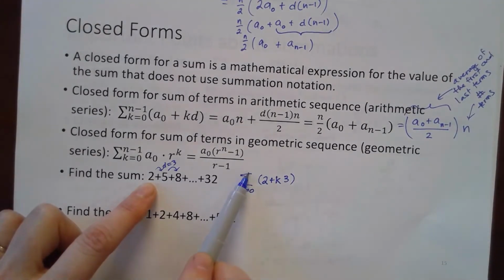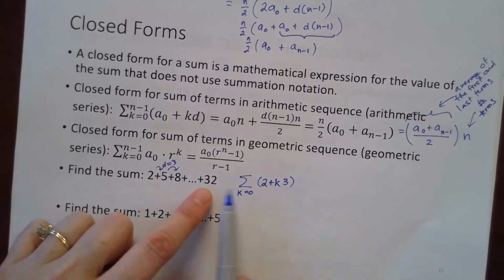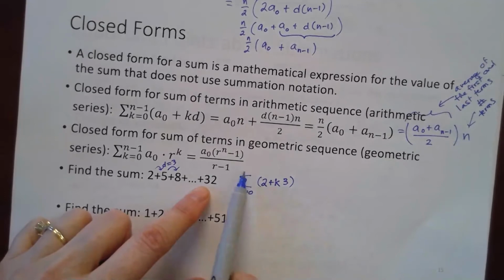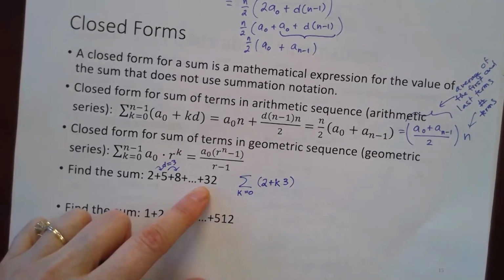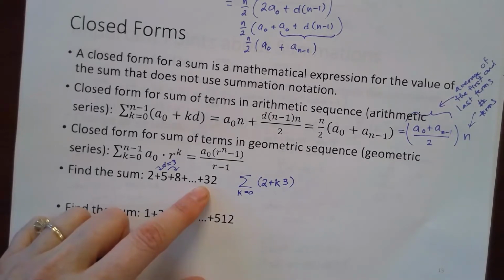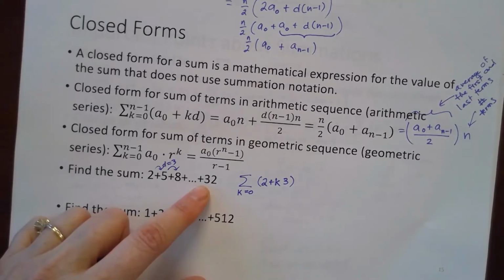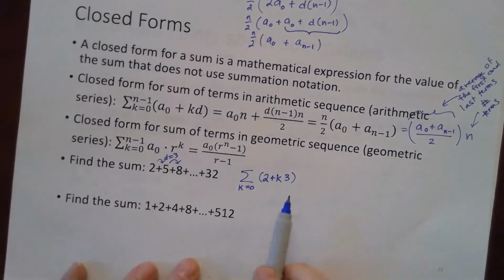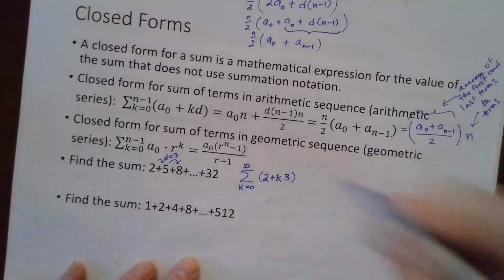And then what upper bound would I have to use so that this last one would be the number 32? What k value would I have to put in there to make this 32? Yeah, because then we'd have 30 plus 2, 32. So we'd have to stop this at 10.